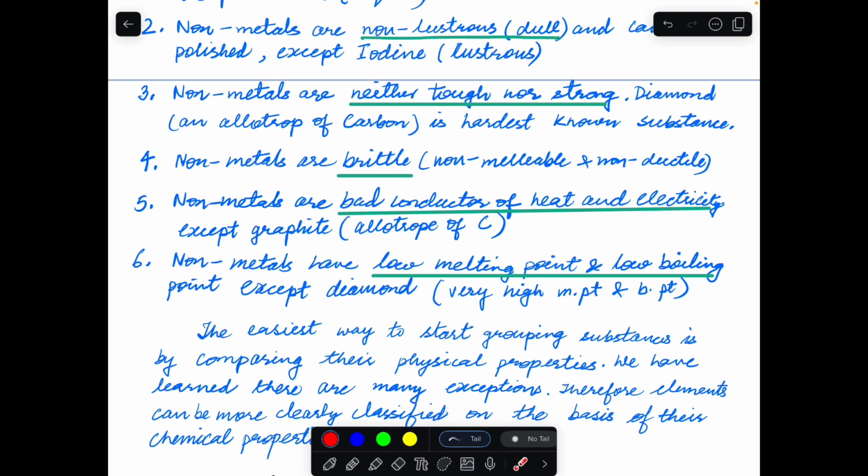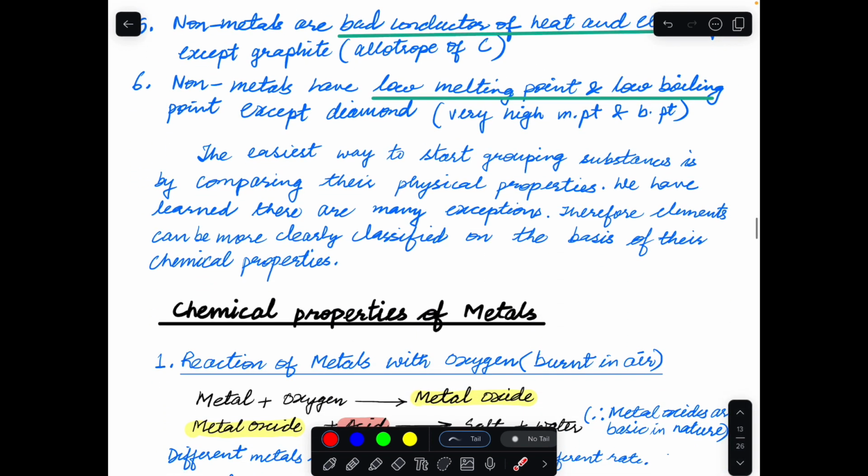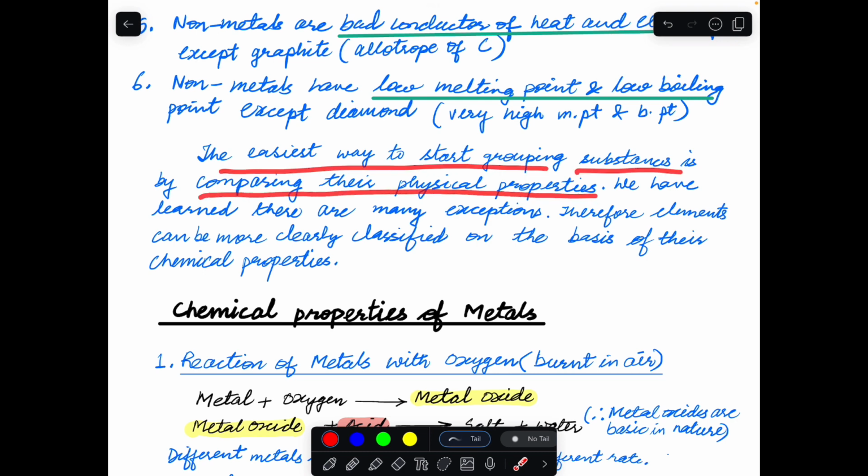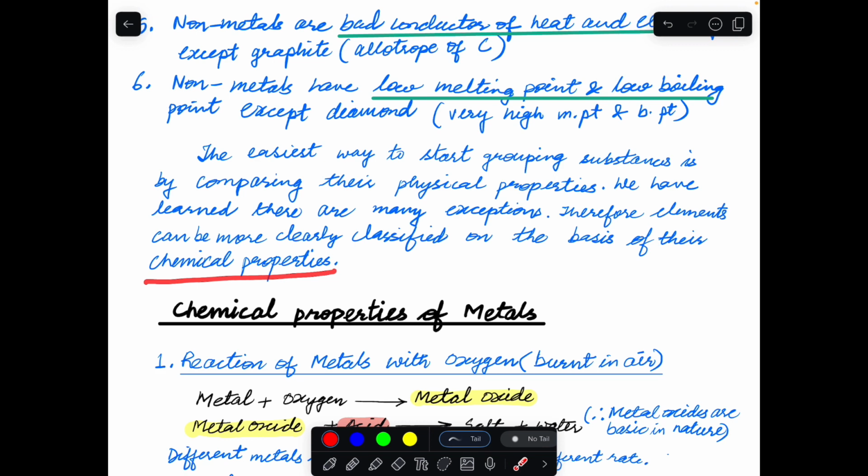So these are the physical properties, and always remember that the easiest way to start grouping substances is by comparing their physical properties. As I told earlier, we can separate them, but with surety we cannot say. Therefore, here comes the role of chemical properties, because there are many exceptions, so we will be confused whether an element is a metal or a non-metal.